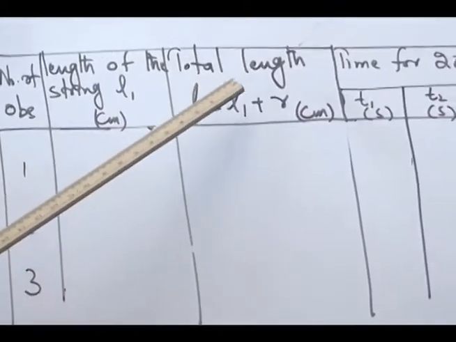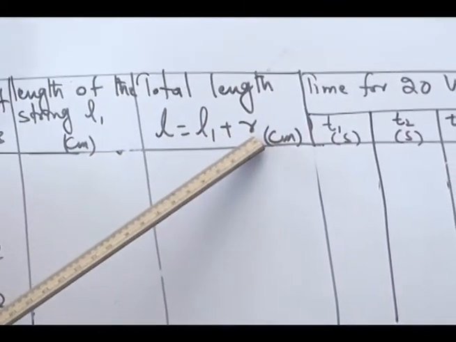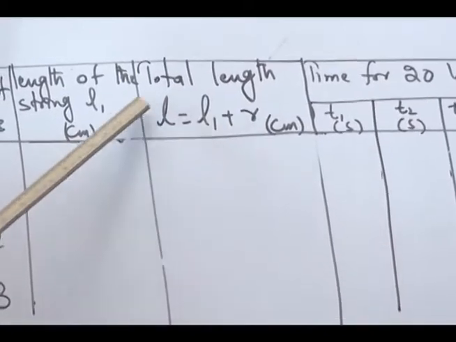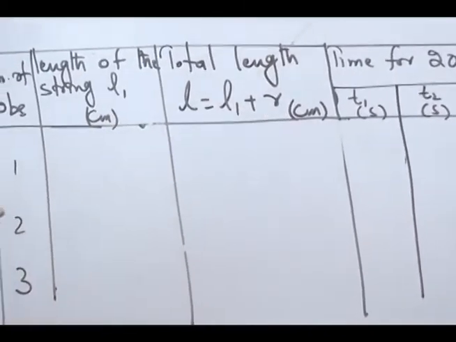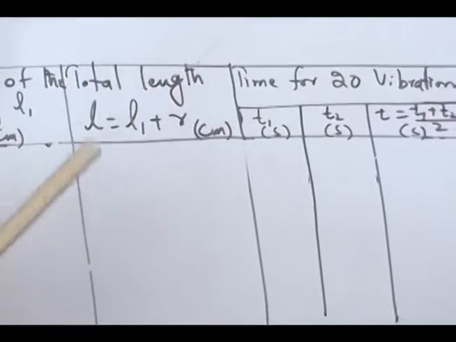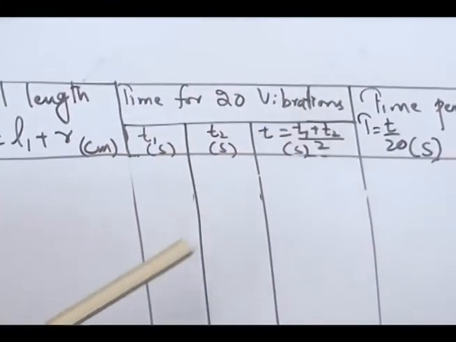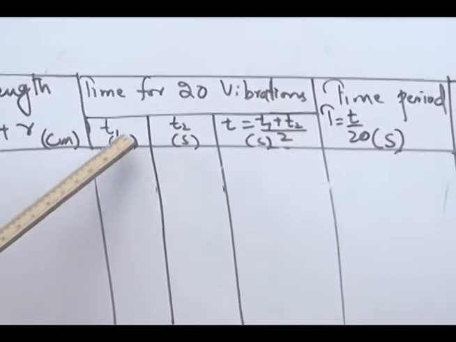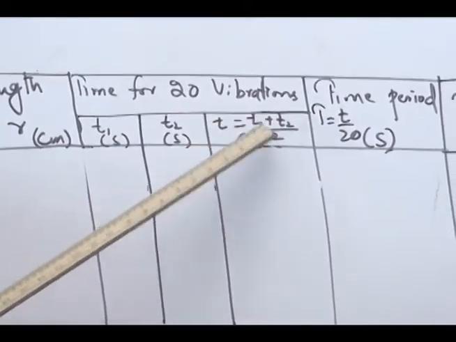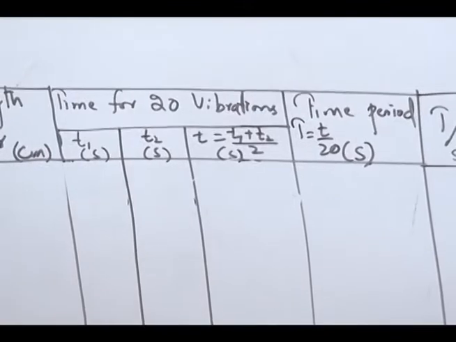In the third column, we will add the radius of the bob to the length L1 of the string to find the total length of the pendulum. Then we will find the time for 20 vibrations, once, twice, and then compute the mean value.